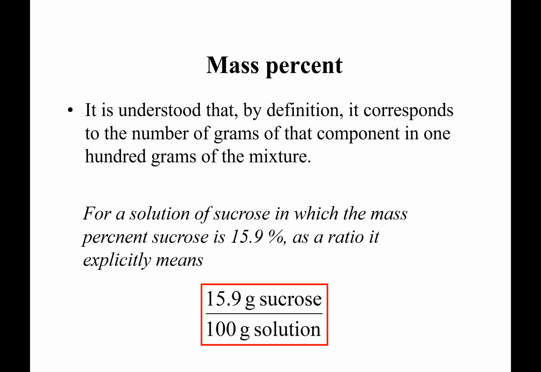We could unpack 15.9%, which would actually be the same as the mass fraction, 0.159. 15.9%, what does that mean? Unpack it, that means you have 15.9 grams of the component in 100 grams of the mixture or solution. So those are unpacked. See, these go fast.